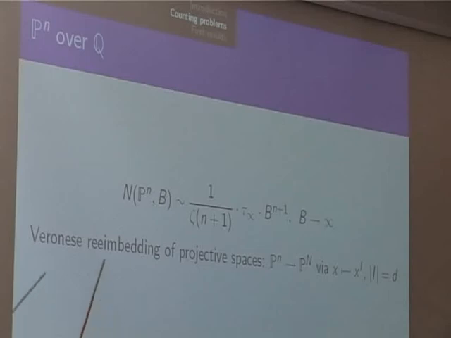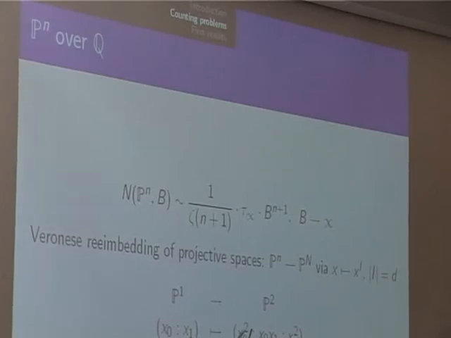Now, this is in the standard setup, but thinking geometrically, we also have to account for the possibility of re-embeddings of projective spaces into other projective spaces by means of forms of some fixed degree, the Veronese re-embeddings. So you can take P^1 with standard coordinates and put it into P^2 with these coordinates. And then you have y0 times y2 equal to y1 squared.